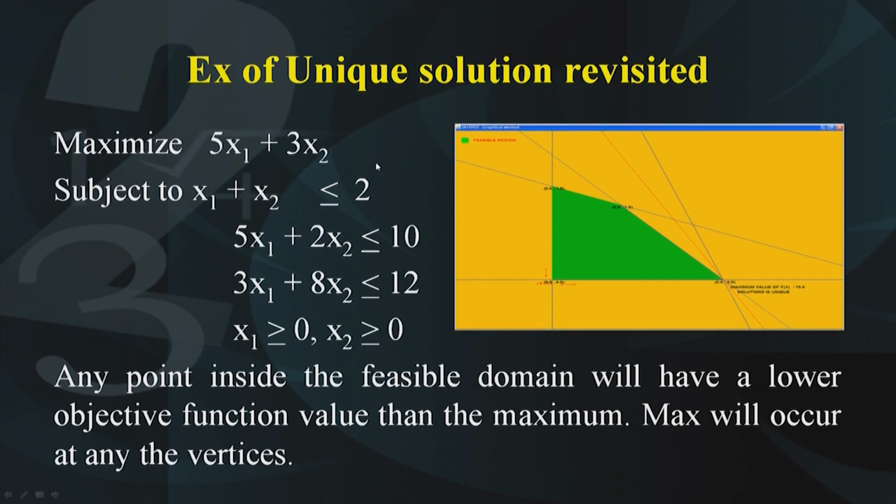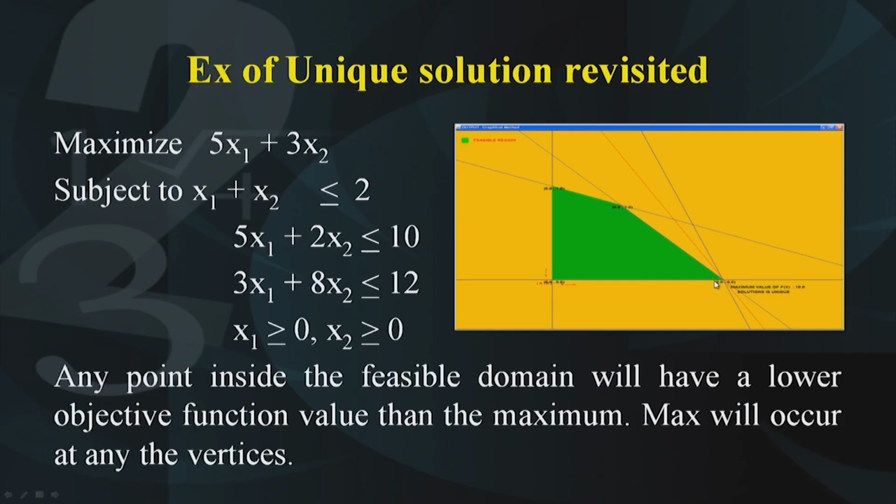This example illustrates an LP as shown here: maximize 3x1 + 5x2 subject to x1 + x2 ≤ 2, 5x1 + 2x2 ≤ 10, 3x1 + 8x2 ≤ 12, and both x1 and x2 are greater than or equal to 0. The feasible region is given in this figure, shaded in green.